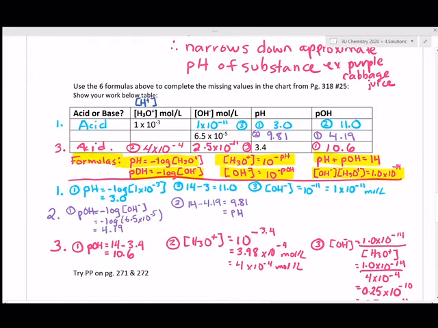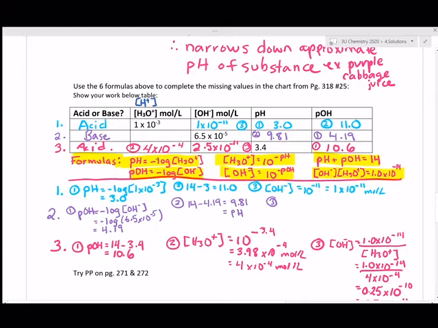At this point, if you want, you could figure out whether we have an acid or base, and we're above 7, so we definitely have a base. And then the third calculation I'm going to do is figure out my hydrogen ion concentration.